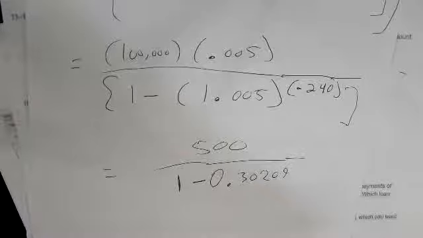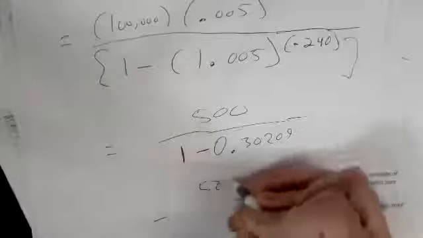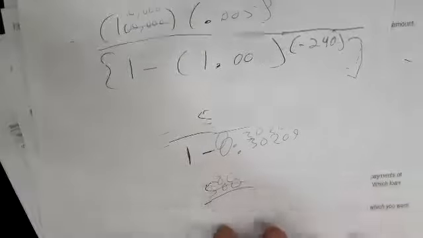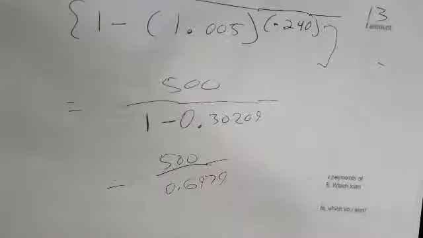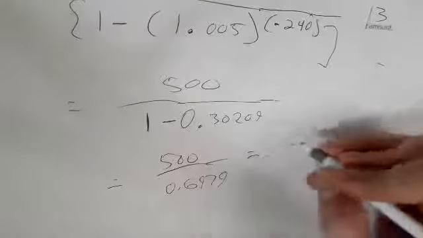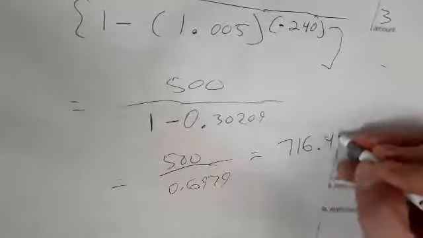So if we take 1 and we subtract 0.30209, that thing that I got previously, I got 500 over something like 0.6979. Which should give me 716.43 is what I'm getting out of this.